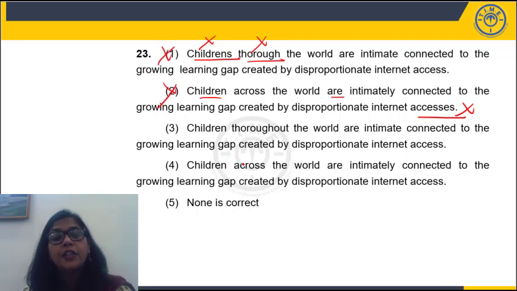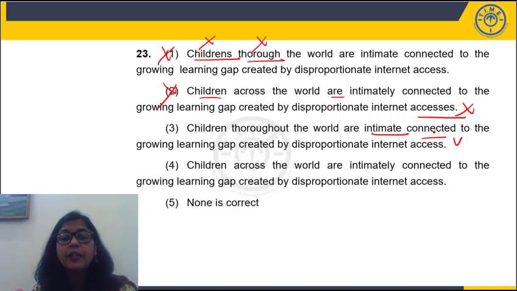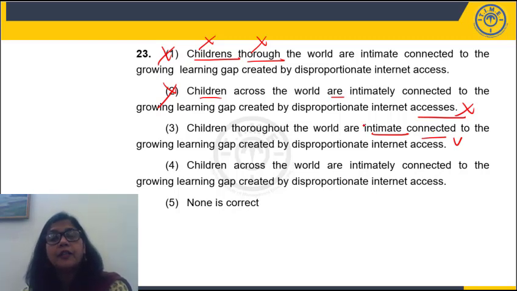The third one, children throughout the world are intimate connected. No. See, connected is a verb. And if we want a word to describe the manner in which they are connected, then we should be using an adverb. Yes, so it should be intimately. So this is also wrong.